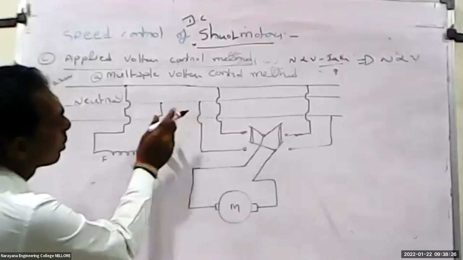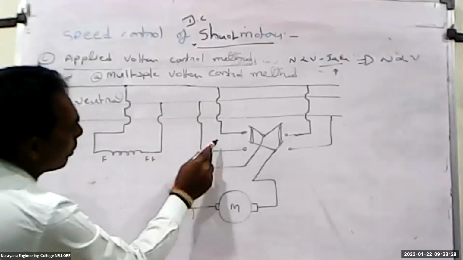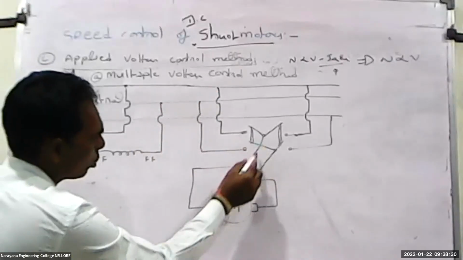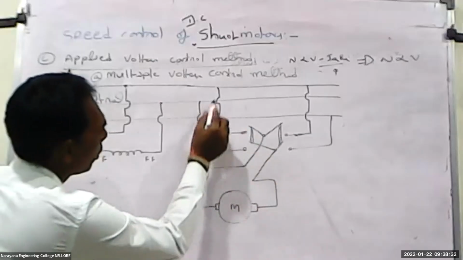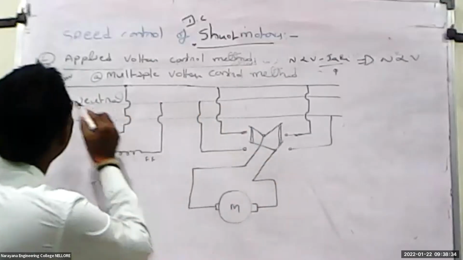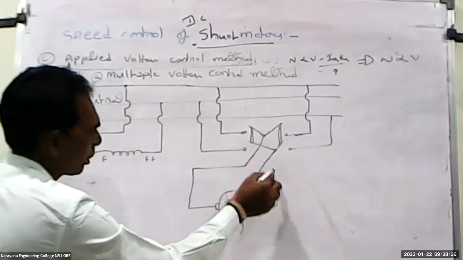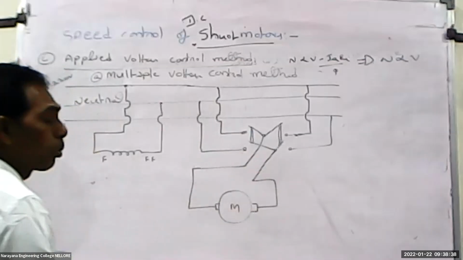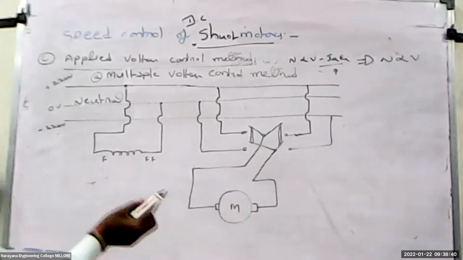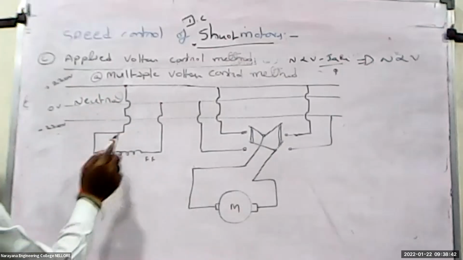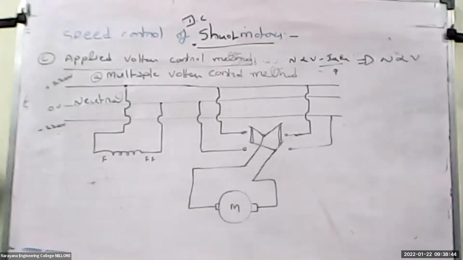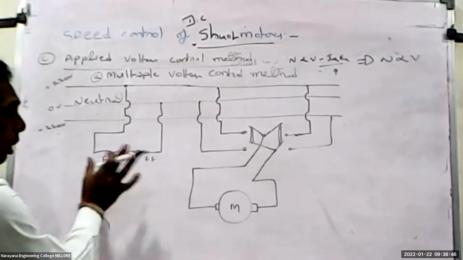In this case, suppose this switch is connected to here. Supply 220 volts and 0 volts is connected across the armature of the motor. And similarly, 220 volts and 0 volts is connected across the field winding.